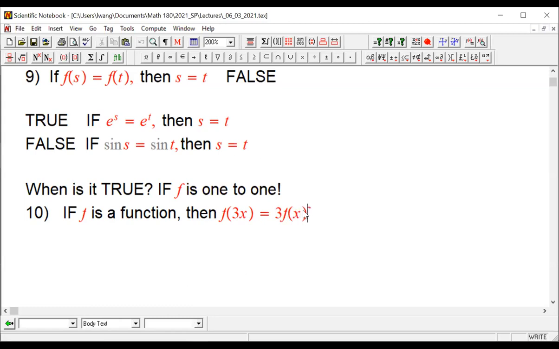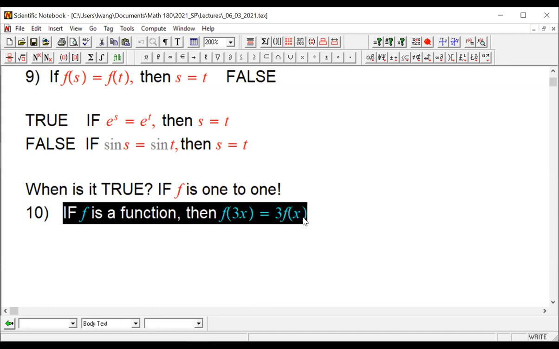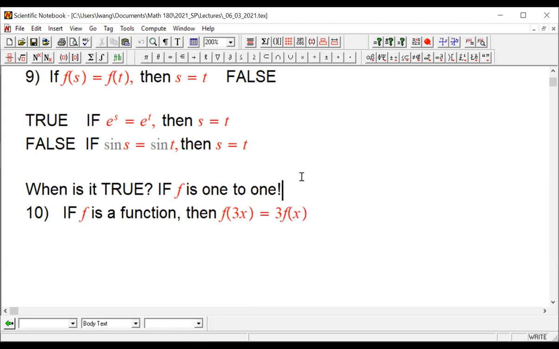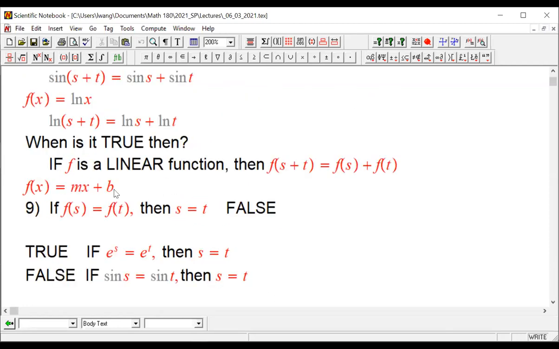True or false? Very big statement. This is a very big statement, right? Just like the one we talked about earlier.